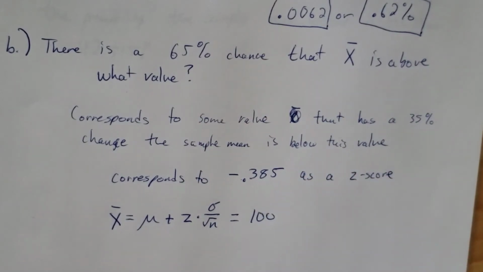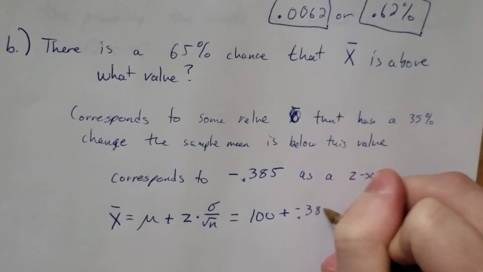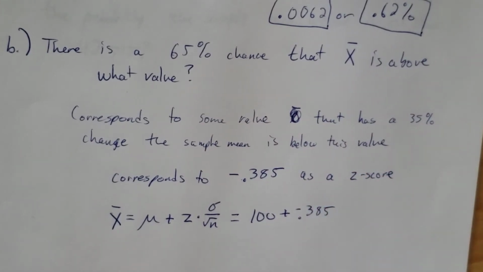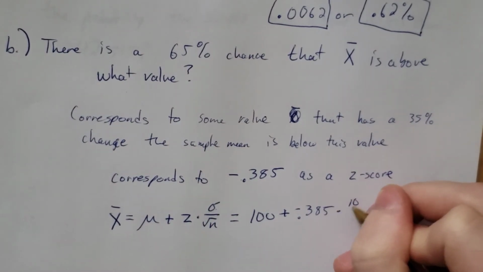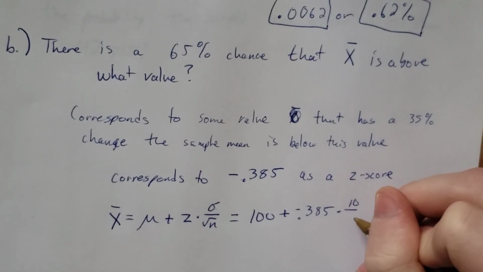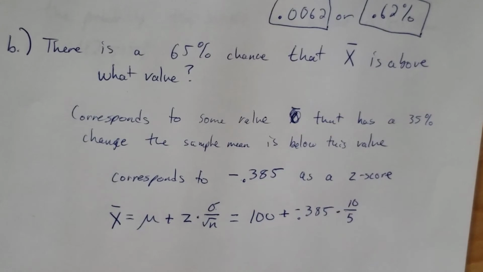The population mean is 100. Our z-score related to the value we're trying to find is negative 0.385. The standard deviation we were given was 10. Our sample size was 25, so the square root of 25 is 5.